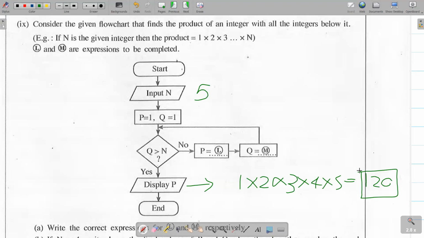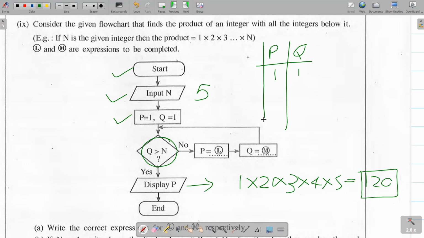So they are asking what are the values that should be there for the labels L and M. So let's hand trace this and see. So we started, we give an input, let's say we have given 5, P is 1 and Q is 1. Right, and the question that they are asking is, is Q larger than N?